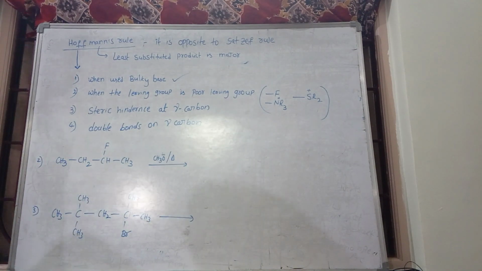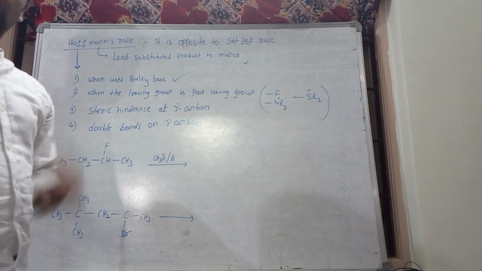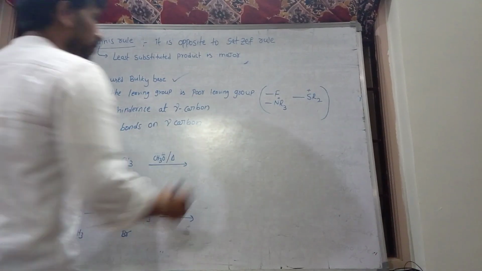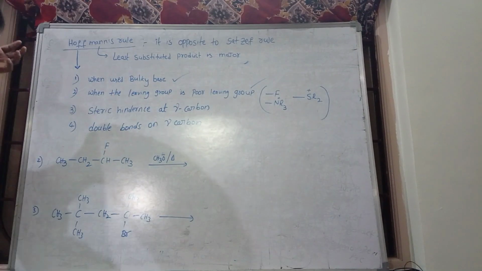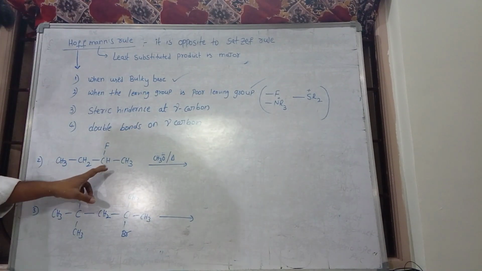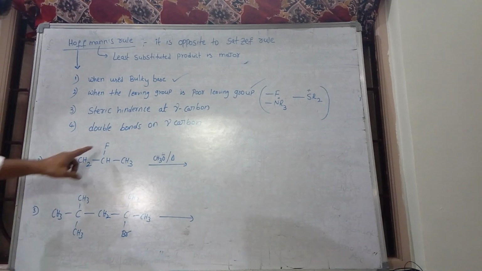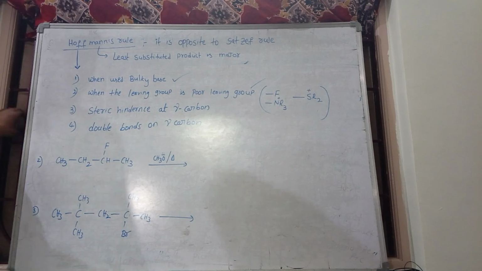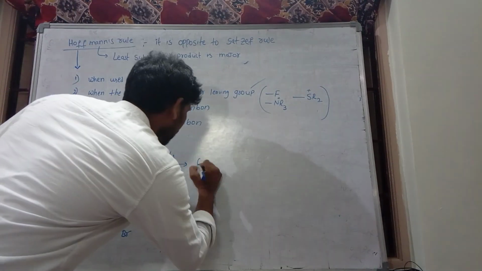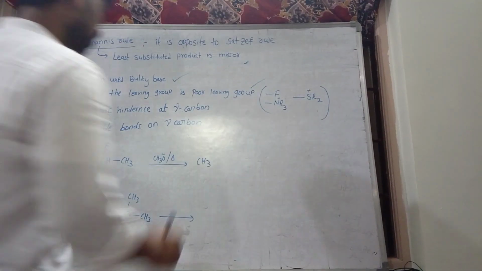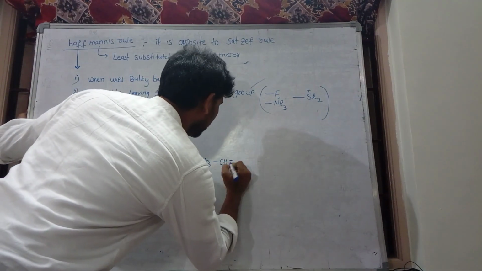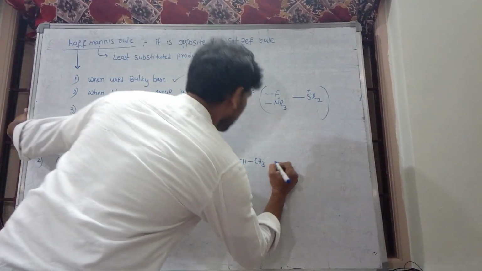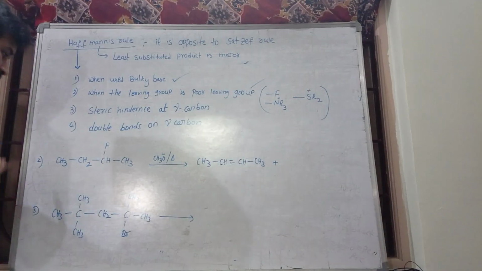Now, the second point: when the leaving group is a poor leaving group, like fluorine or NR3 plus, SR2 plus, these types of groups. See, CH3, CH2, CHF, CH3. The leaving group is a very poor leaving group. When the leaving group is poor, the Hofmann product will also come as major. Then CH3, CH double bond CH, CH3 is product 1, plus, two beta carbons are there, no?